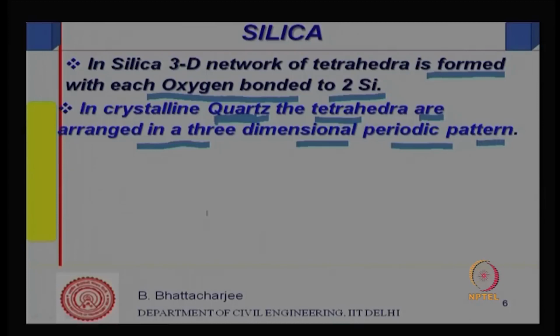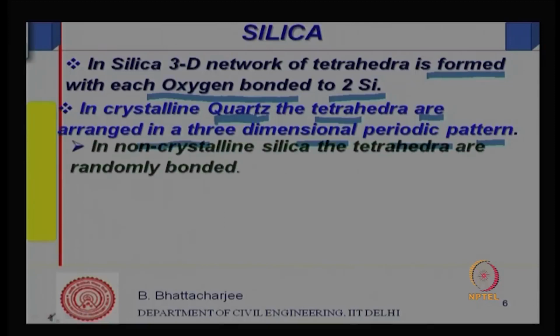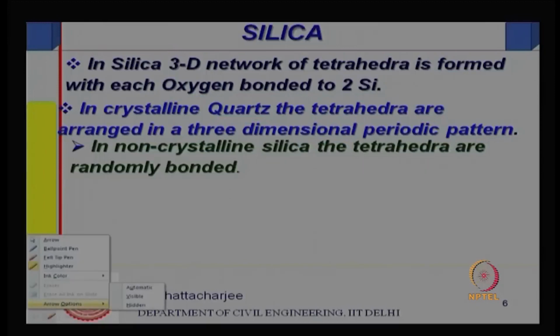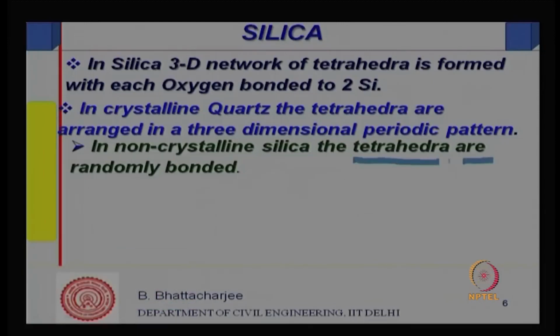In crystalline quartz, this tetrahedra SiO4 with 4 negative bond available is arranged in 3-dimensional periodic pattern, all right. In non-crystalline silica, tetrahedra are randomly bonded. So, this is the silica structure.